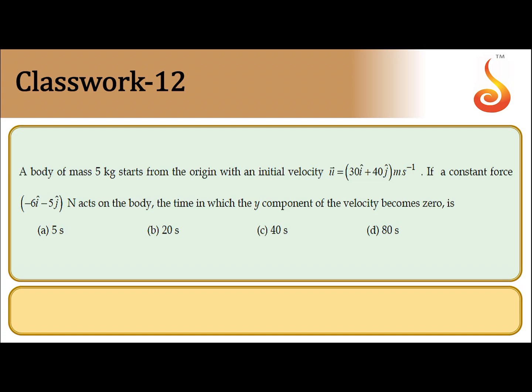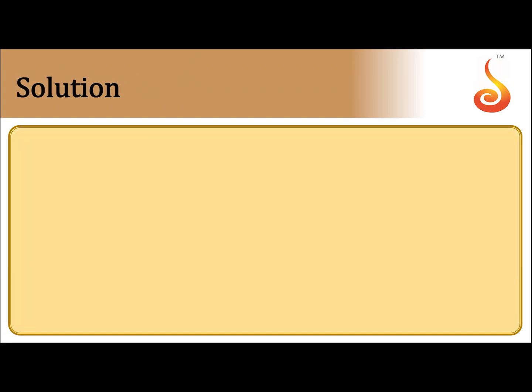Okay. So now the y component of the velocity should become 0. What does that mean? It means that Vy should become 0. But we know Vy is given by Uy plus Ay into t. Is that correct? Now, do I know the value of Uy? Yes. What is that equal to?